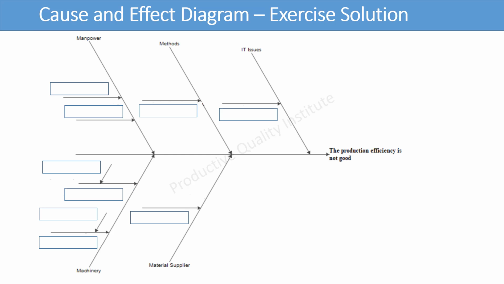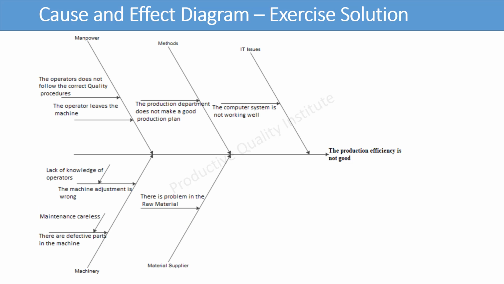The main categories for the low production efficiency are manpower, methods, IT issues, machinery, and material suppliers. Please check the causes influencing the main categories and compare them with your solution.